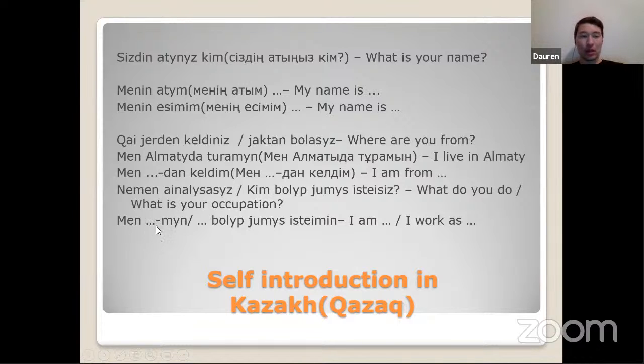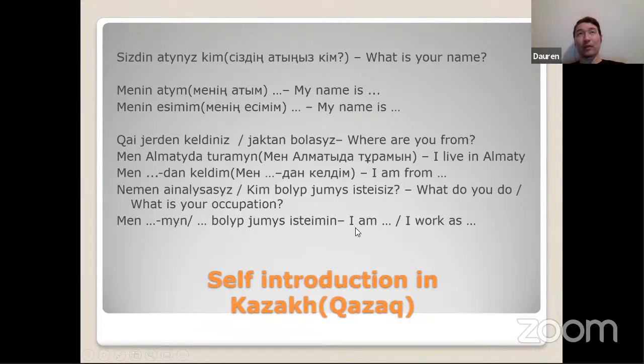And here's the answer for the question, like, for instance, мен инженермін. I am an engineer. Мен инженермін. I am a teacher will be мен мұғаліммін. And here's again the thing with soft and hard vowels.